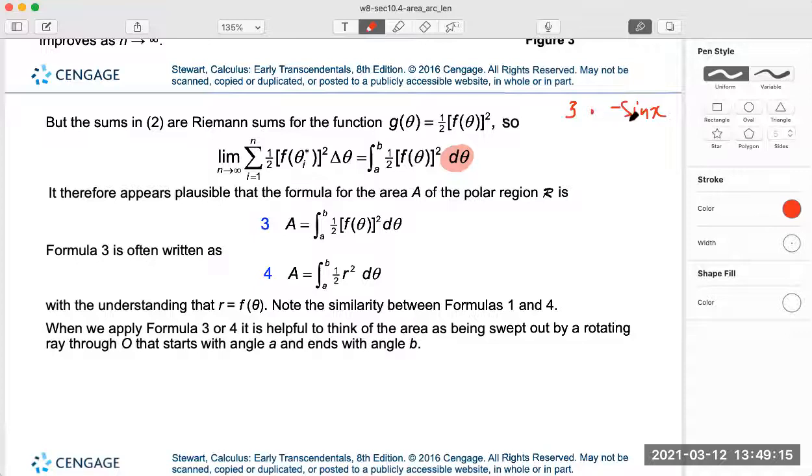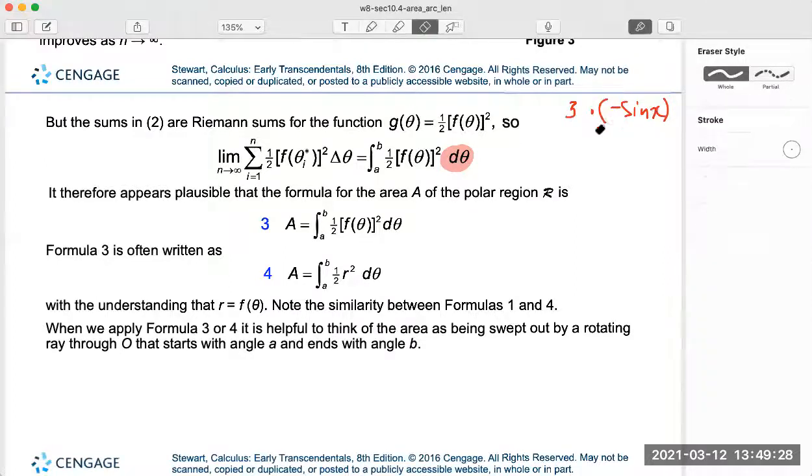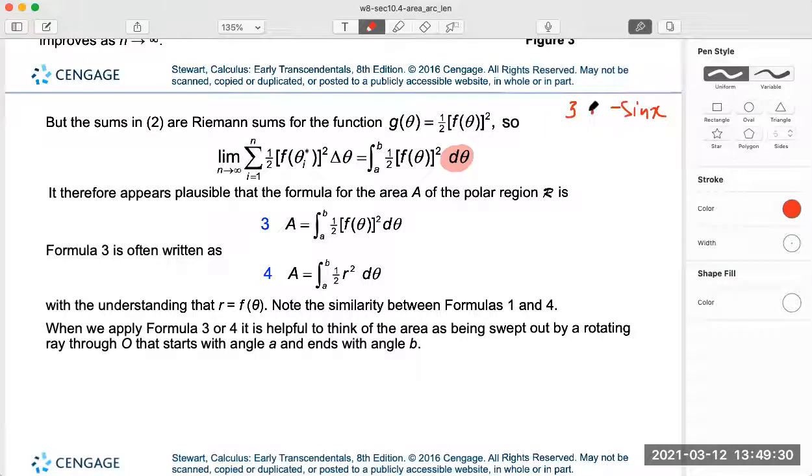If you write this way, 3 times negative sine x, without the parentheses, it's very confusing. So be careful. Do not write this way. If this is a product of a positive number with a negative number, you should make sure that there's a parenthesis here, or you write -3 sine x.